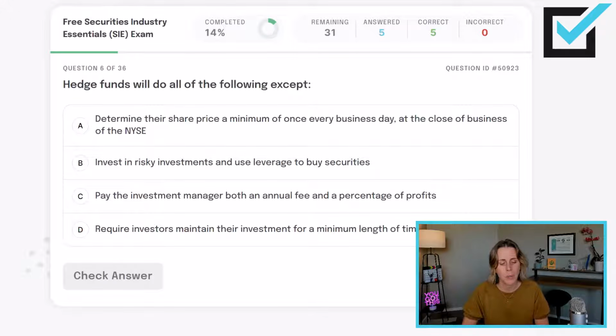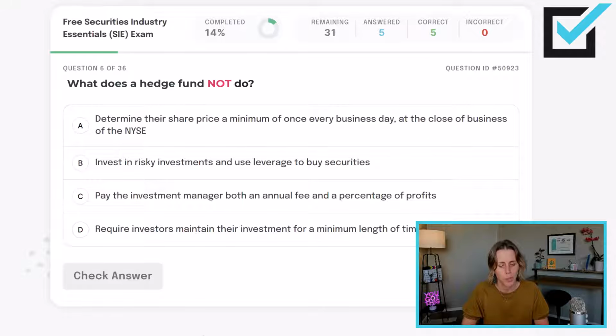Hedge funds will do all of the following except. So what does a hedge fund not do? Determine their share price a minimum of once every business day at the close of business of the New York Stock Exchange. Hedge funds don't have to do that. Open-end mutual funds have to do that. Hedge funds do not. So I'm thinking that's the right answer, but I'm going to read all four choices. Invest in risky investments and use leverage to buy securities.